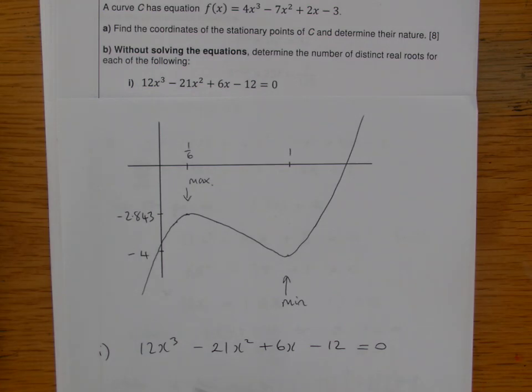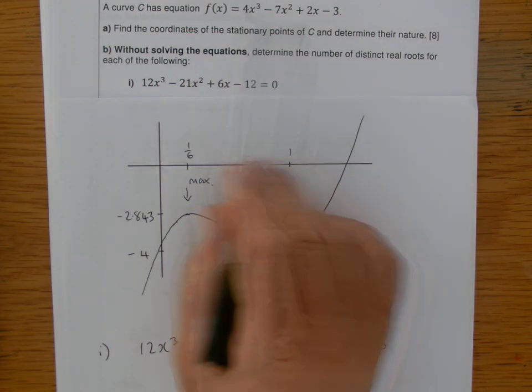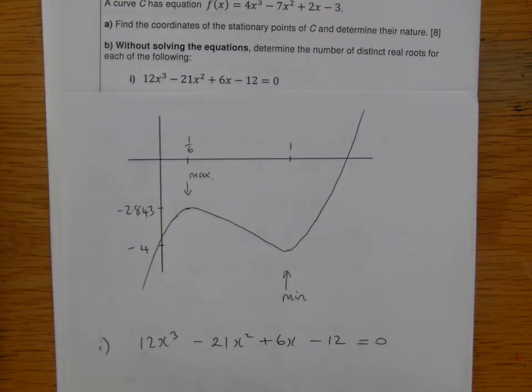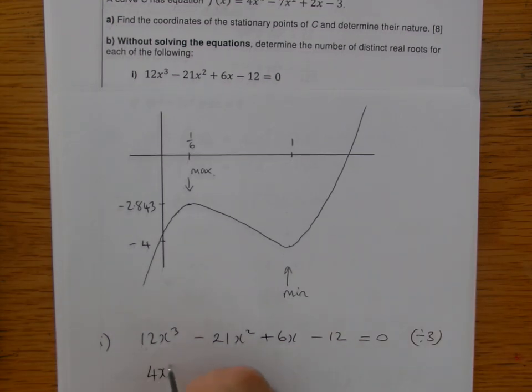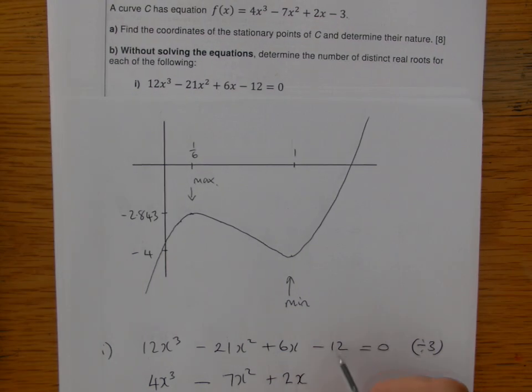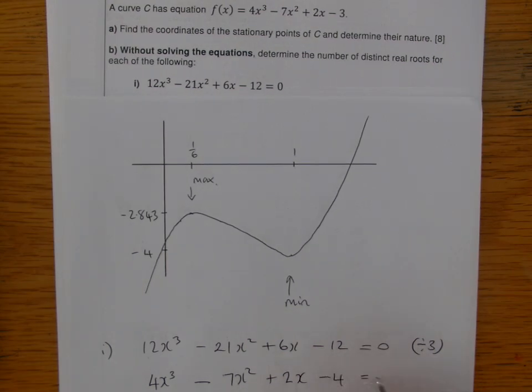Most of it, or maybe all of it, is a multiple of this. So if we divide each term by 3, we'll get 4x cubed, 7x squared, 2x, and then minus 4 equals 0.